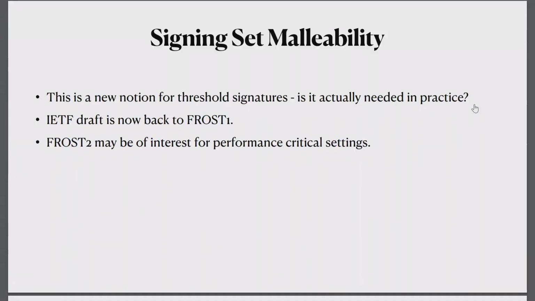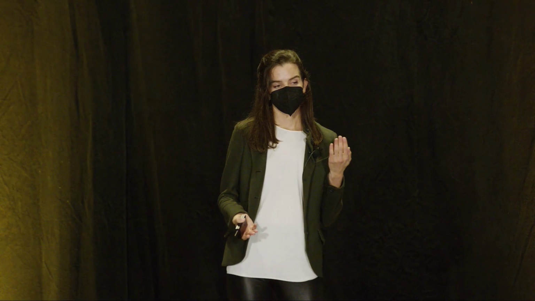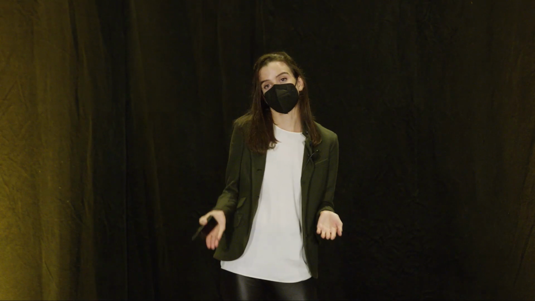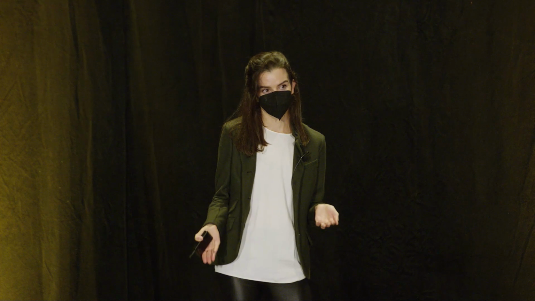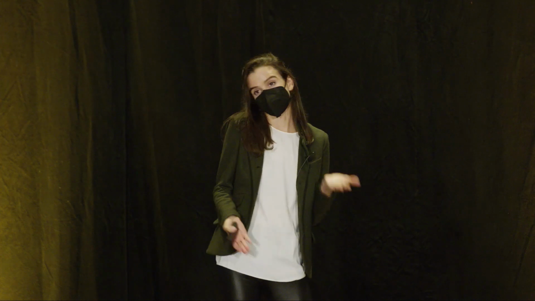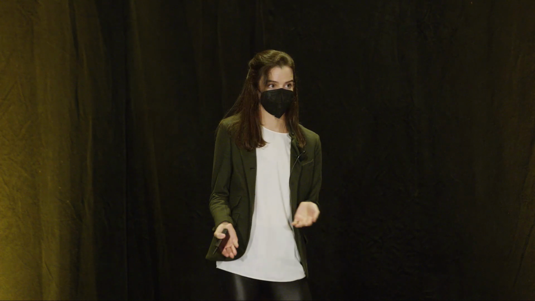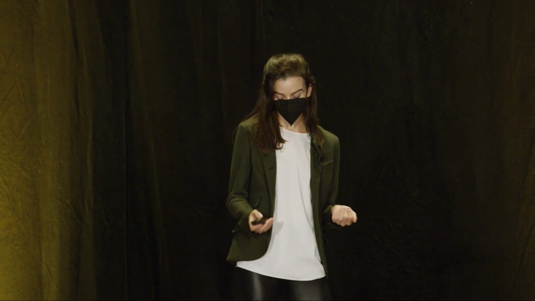But for applications that are very secure, that are performance critical and don't really care that much about this malleability of signers, Frost 2 may still be of interest. So I want to highlight this here because there is this performance versus malleability trade-off between Frost 1 and Frost 2. And it depends on your application which one might actually be best for you.